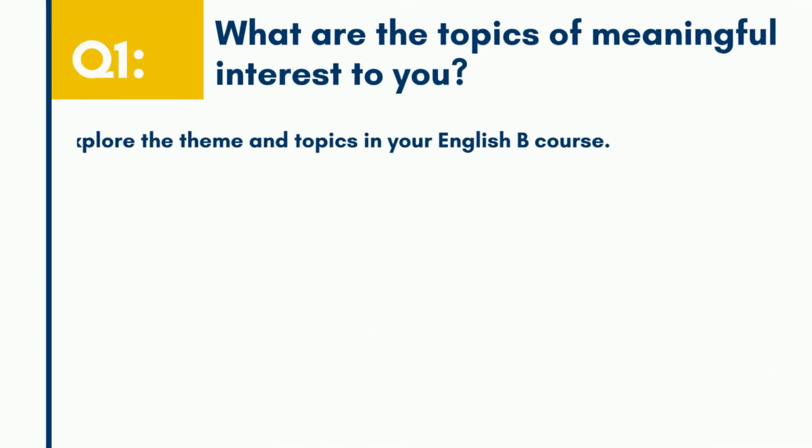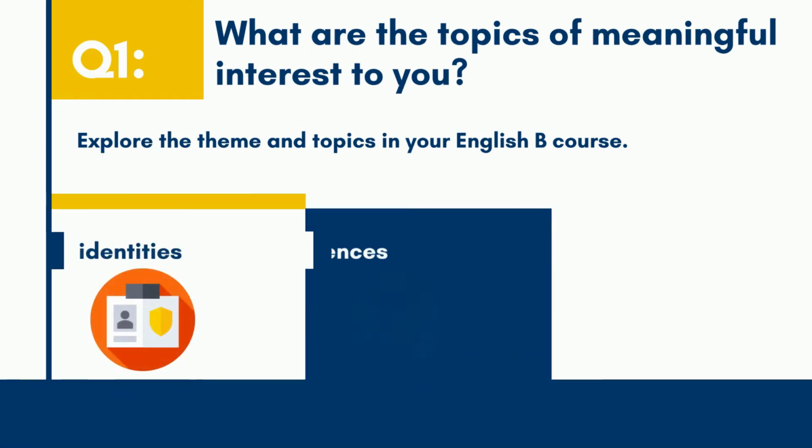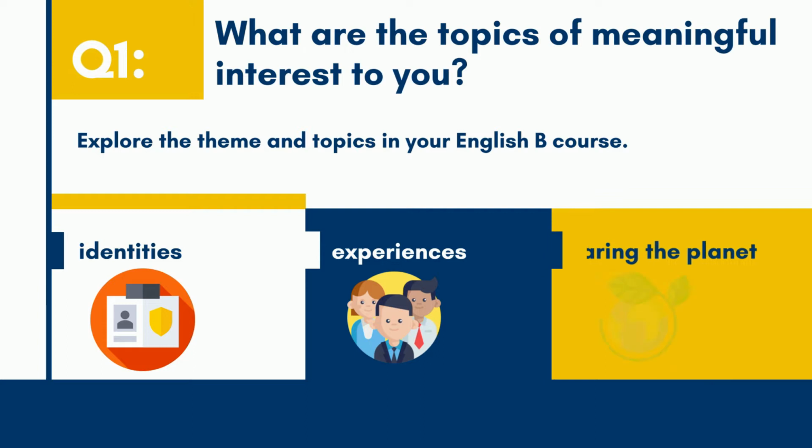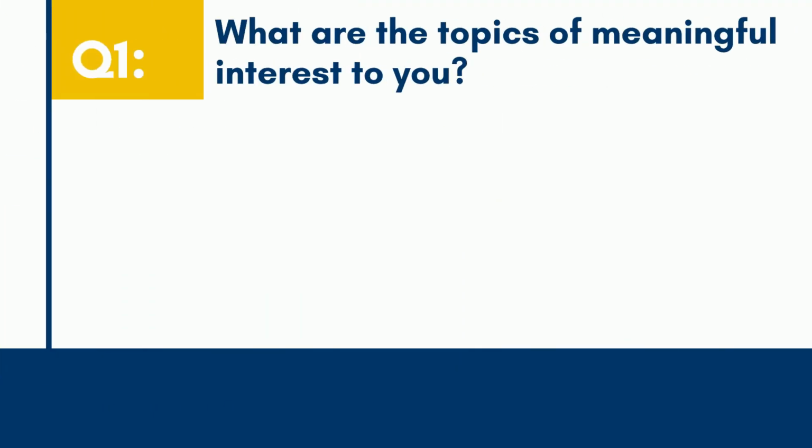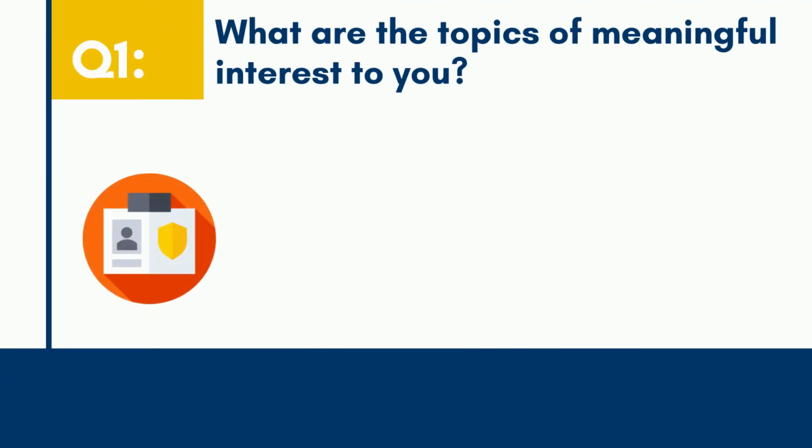As a starting point, if you're considering taking on an EE in English B, look at the topic areas and themes that you're exploring in your English B course and decide on one which has interested you and you'd like to find out more about it. In the theme Identities, you may want to explore further how language is used in a particular context, such as in the topic Beliefs.